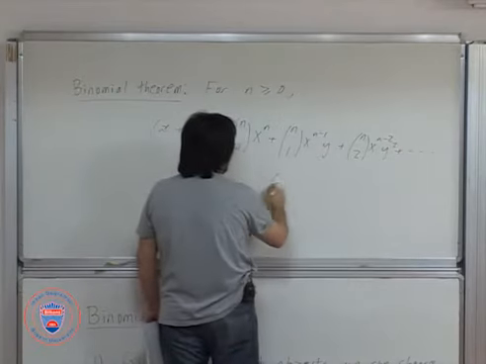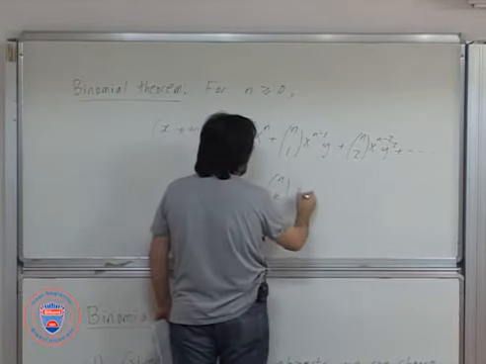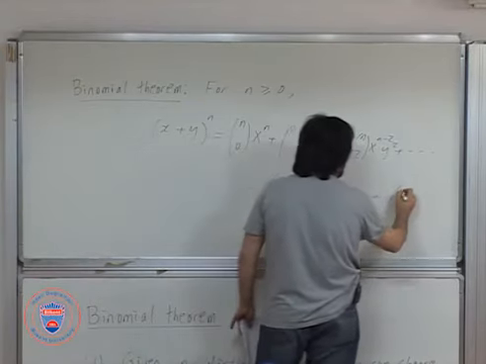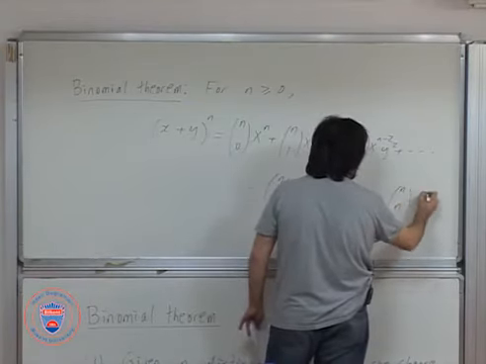This sum has this term, and then the last term is n choose n.